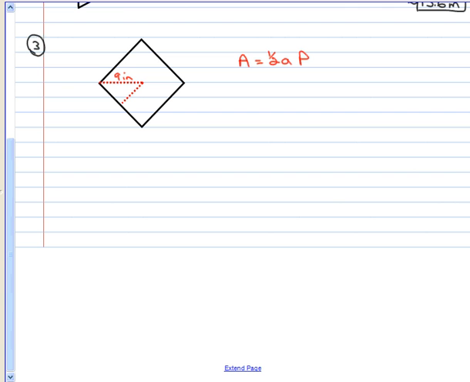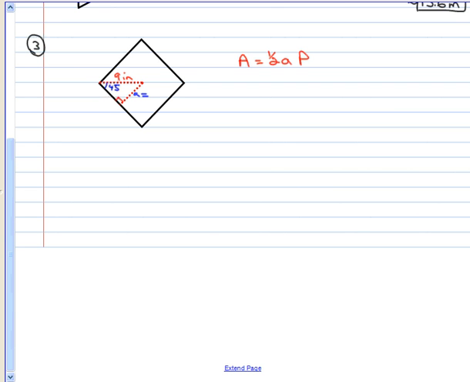So I'm going to draw my apothem in. Right there. Do I know the measure of this angle? That's a 45. So I know I have a 45, 45, 90 triangle. So what's this apothem?